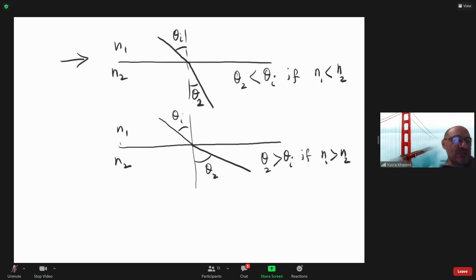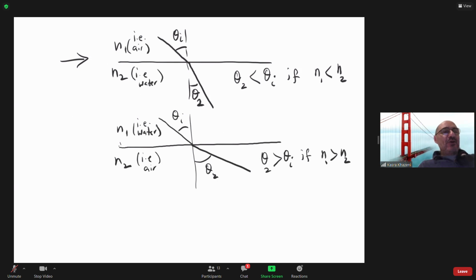The example here would be air to water, and here would be water to air. Okay?